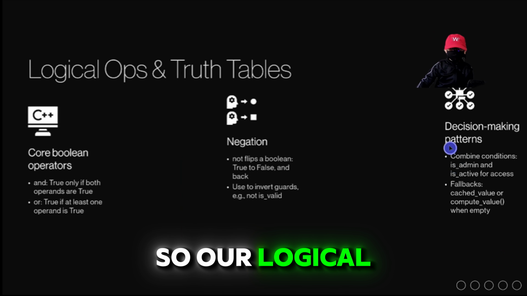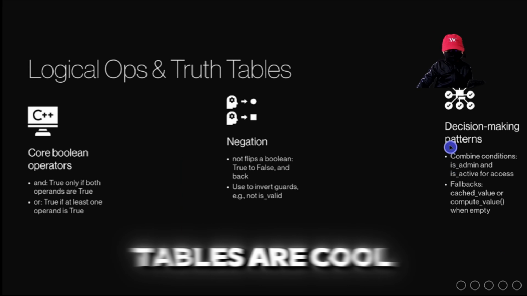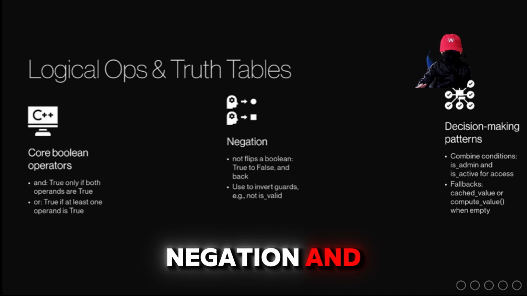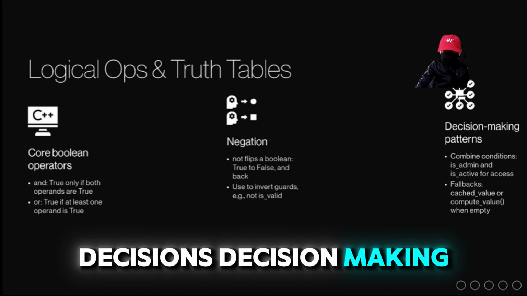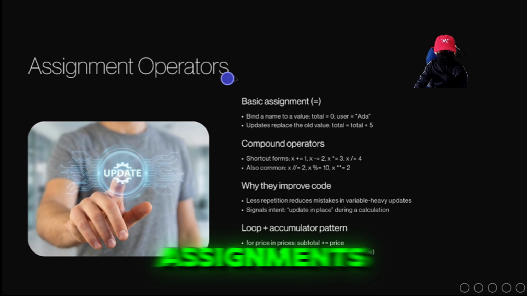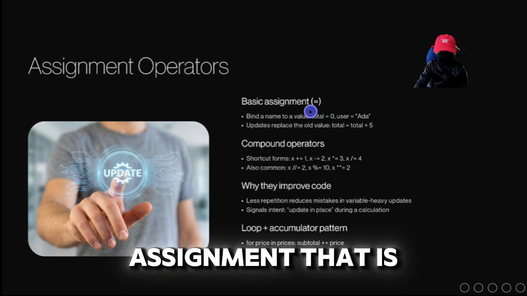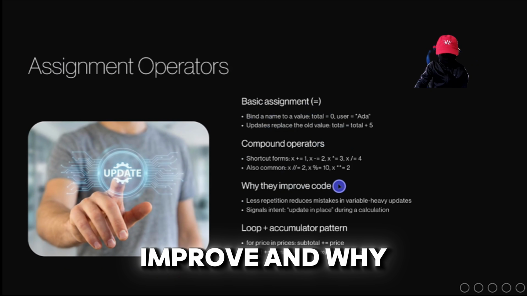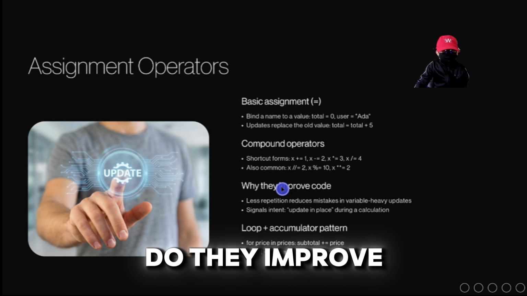So we have logical operators and truth tables: core Boolean operators, negation, and decision-making patterns. Our assignment operators are basic assignment, that is equal to, and compound operators, and why do they improve code?